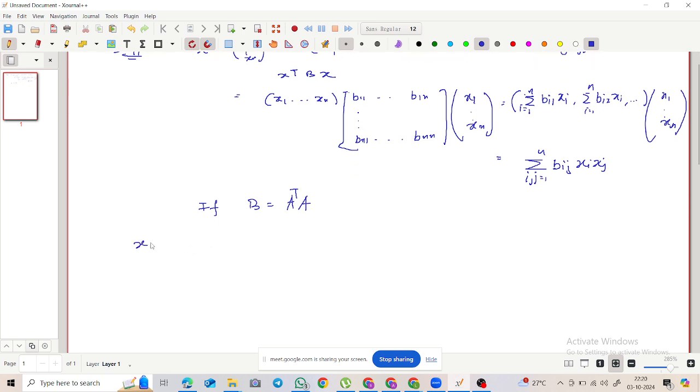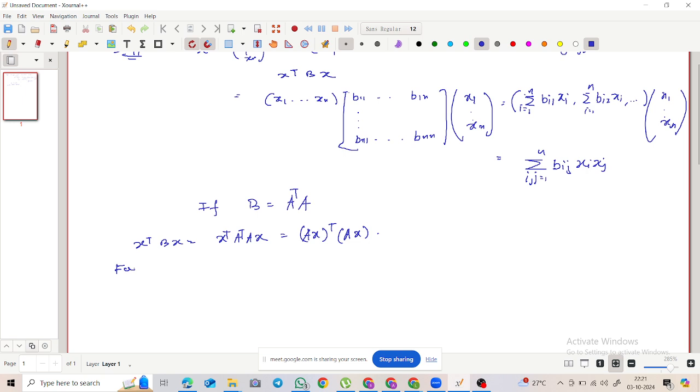So we write x transpose Bx is equal to x transpose A transpose Ax. That is, you get (Ax) whole transpose Ax, right?